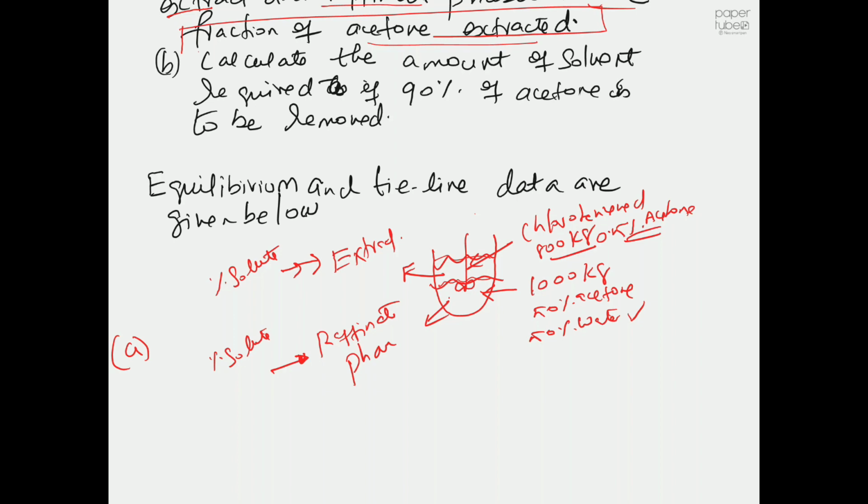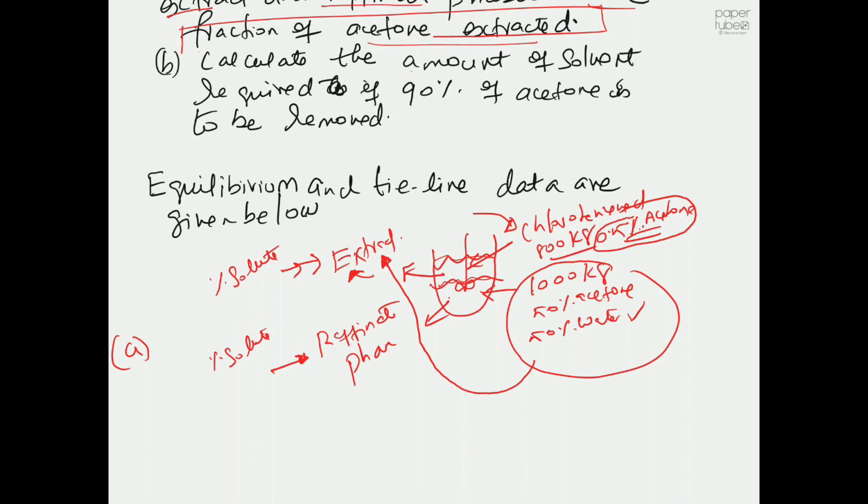If you look here, the solvent already contains 0.5% of acetone, so that acetone will be carried away in your extract side. So we have to calculate ignoring that 0.5% of acetone. So what's the exact mass of acetone extracted from your feed solution? What's the percentage of acetone that will actually be extracted from the feed solution to the extract side? So we need to calculate that one.